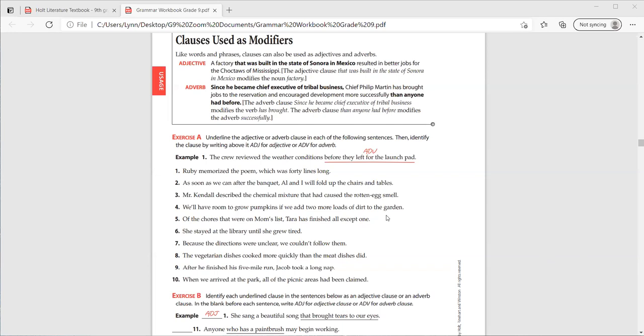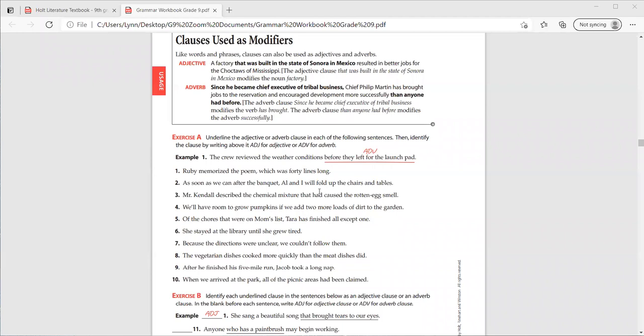All right, so let's, hold on one second, guys. All right, let's go to page 251. We'll finish this today. Comparison of modifiers. Modifiers change form to show comparison. There are 3 degrees of comparison: positive, comparative, and superlative.